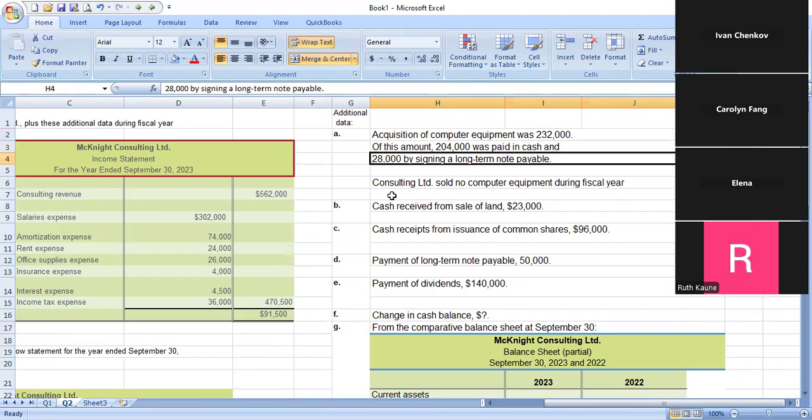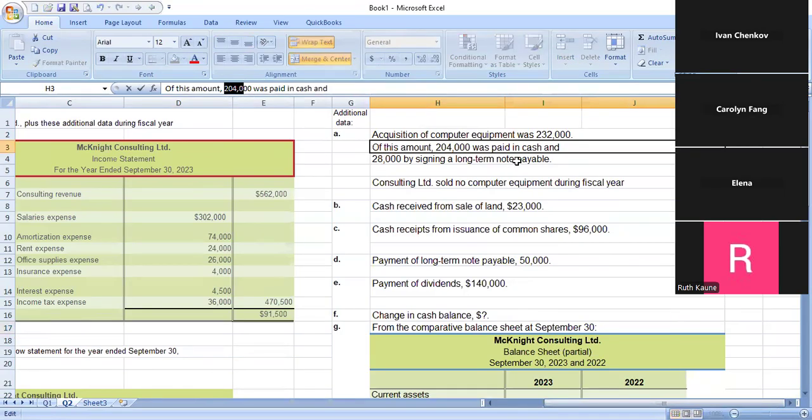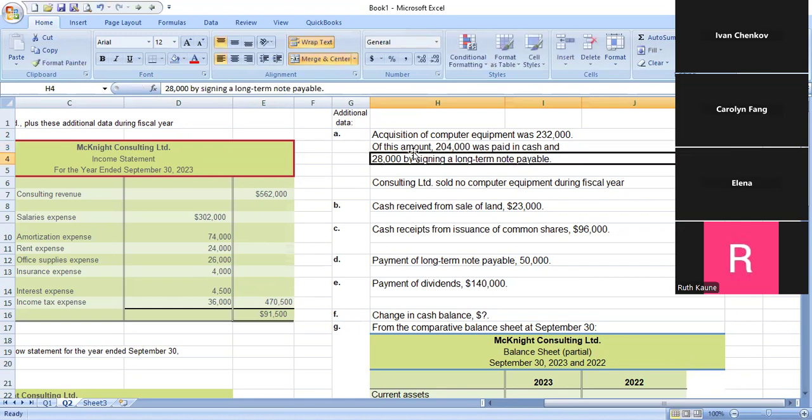But at this point, the only change I can make is to say that out of this amount, 28 was paid by signing a long-term payable, and the rest was paid in cash. That will be the only challenge, if I can add it. I'll try to find a way to add this one.